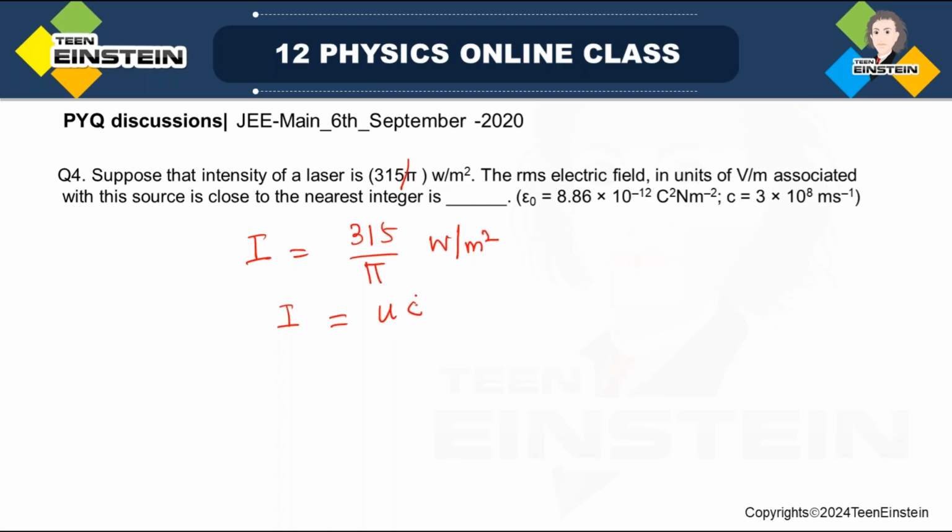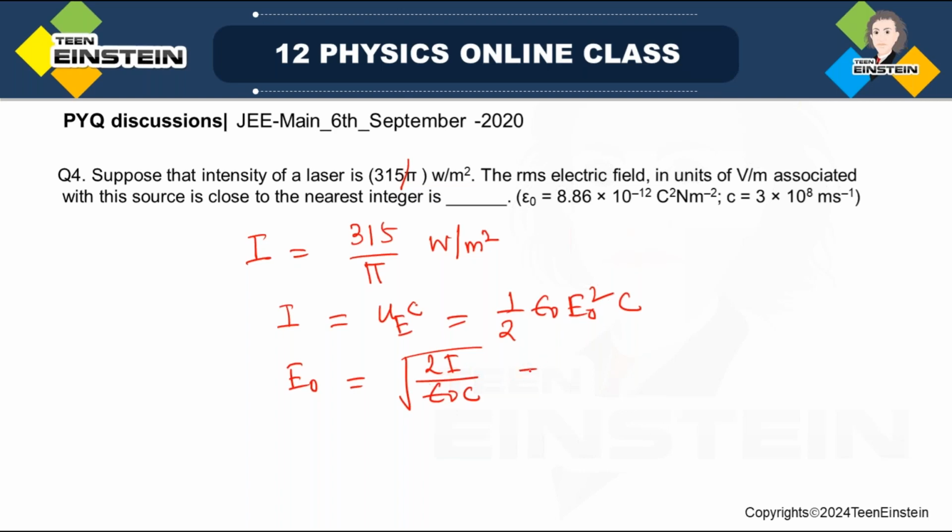Let us say this is electric energy density, since I have to find the electric field. Electric energy density will be half epsilon naught E naught square into C. So E naught will be the square root of 2 into I divided by epsilon naught into C.